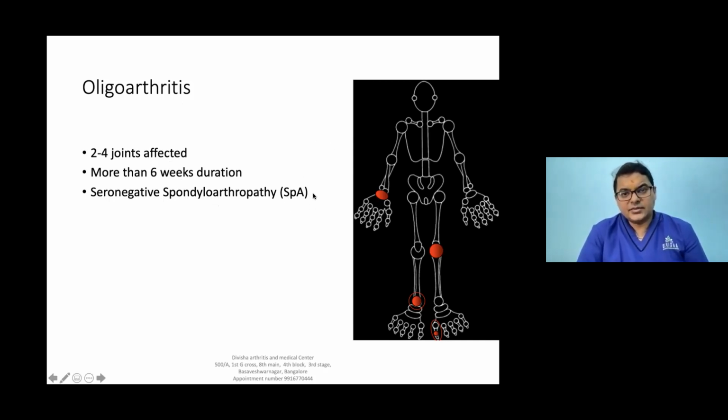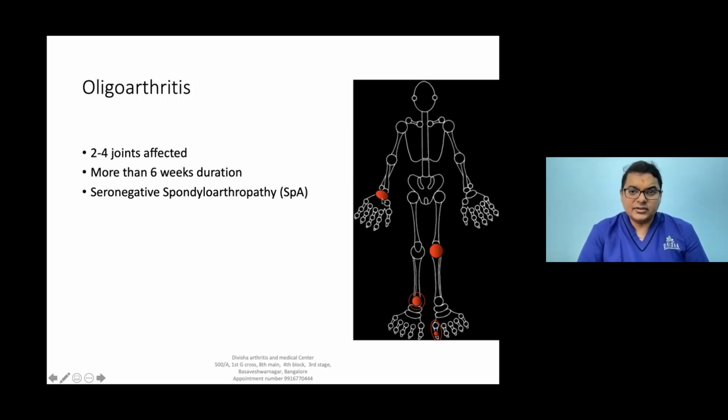Collectively, we call this umbrella term SPA. If it affects the spine only, the central part, we call it axial spondyloarthritis. If it affects the peripheral part, that is joints, then we call it peripheral spondyloarthritis.